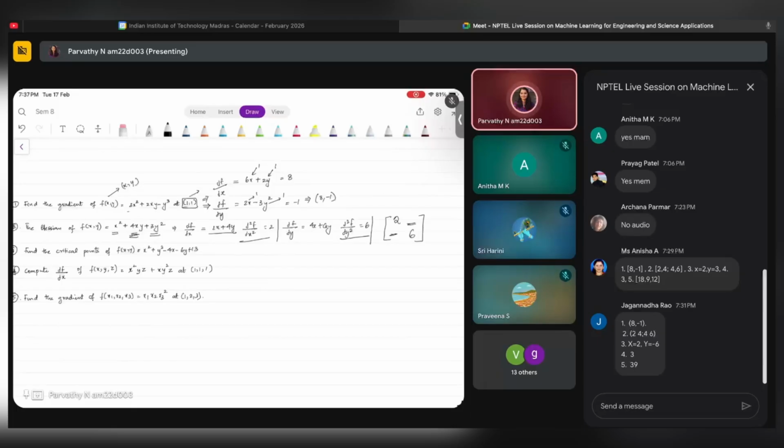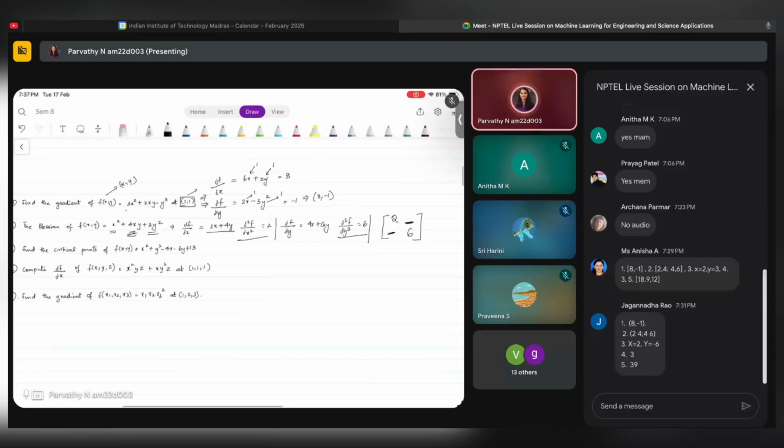We know that the Hessian matrix is a symmetric matrix, so these two values will be the same. So we can just take one of them and find the derivative. Here, if I take ∂²f/∂x∂y, I'll get 4. So here it is 4. So this is the Hessian.